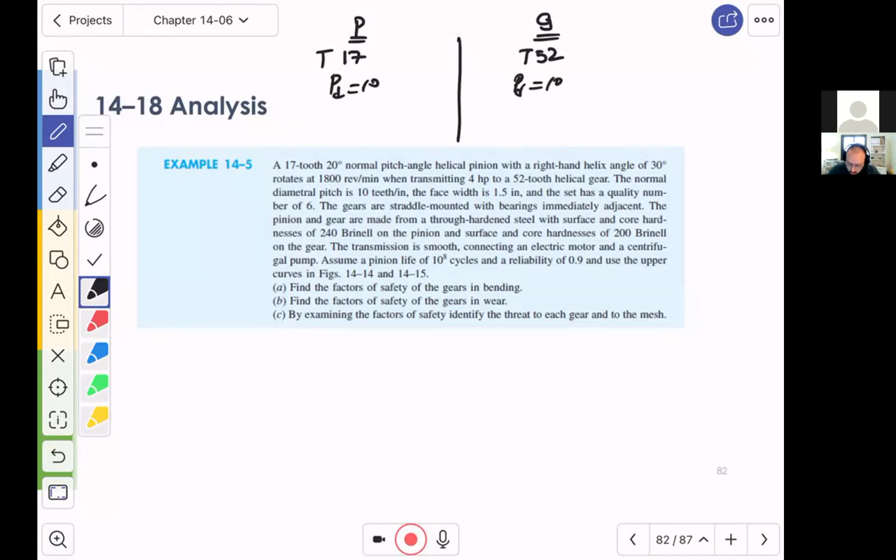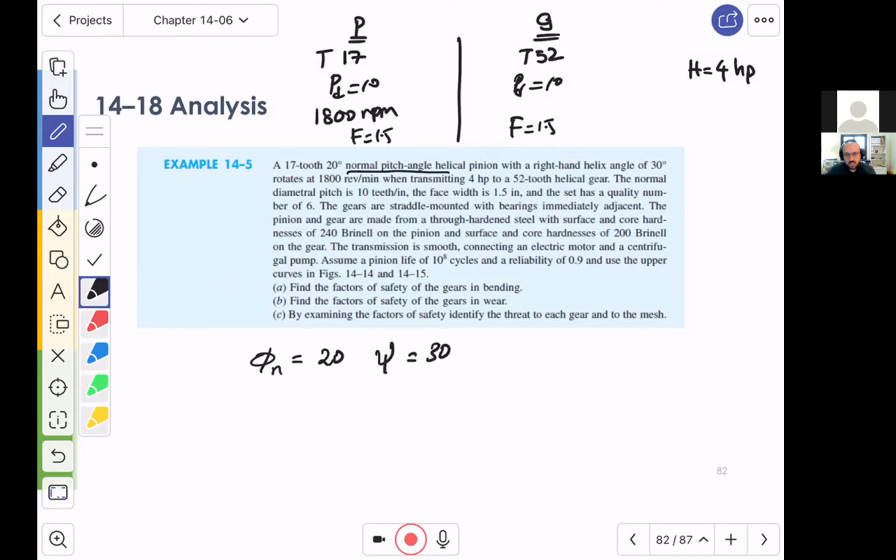Horsepower is 4. The pinion rotates at 1,800 revolutions per minute. The face width is 1.5. The difference is that we have been told that phi n, the normal pressure angle, is 20 and the helix angle is 30. You see that?